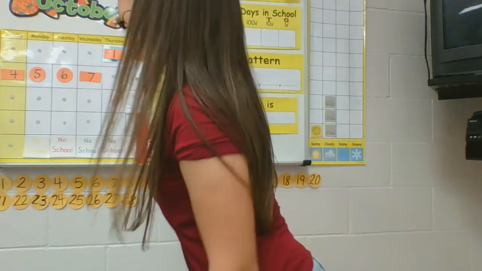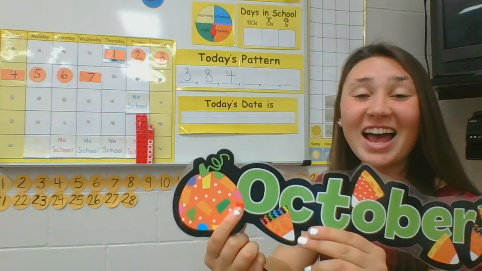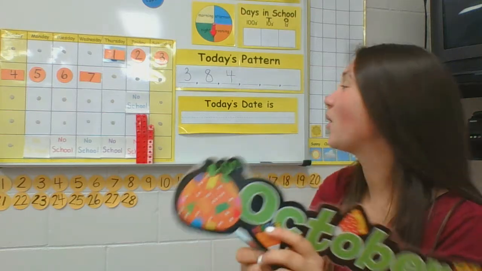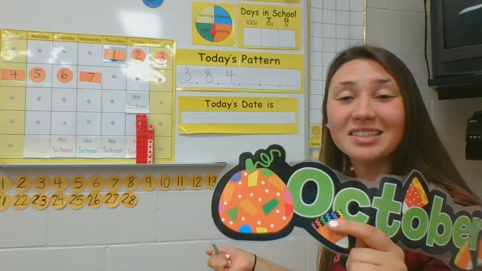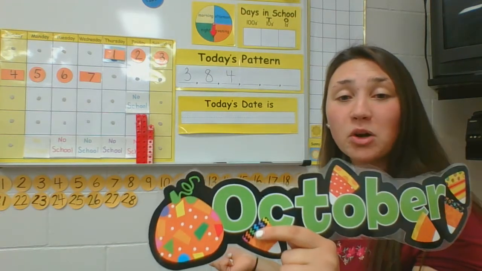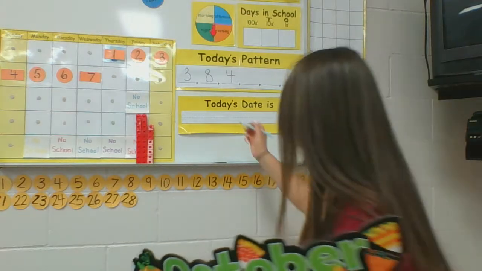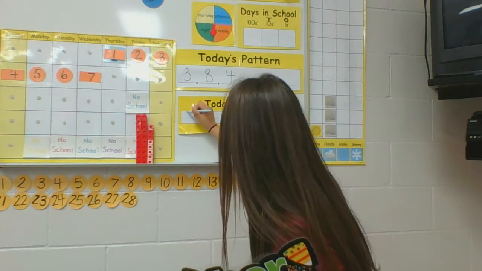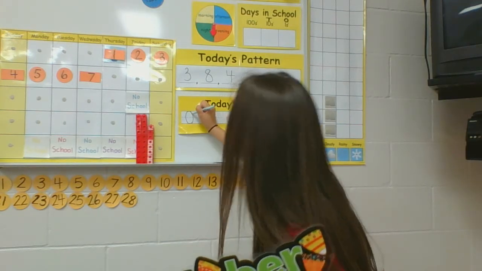So we write the big long word October. First letter in October, do you remember? Is an O. That's right, a capital O, and it's capitalized because it's a special word. So you have to touch the top and the bottom lines when you make your capital O.